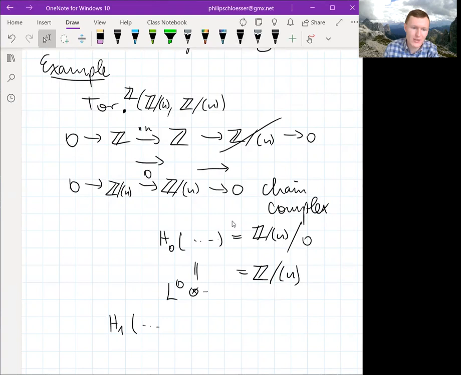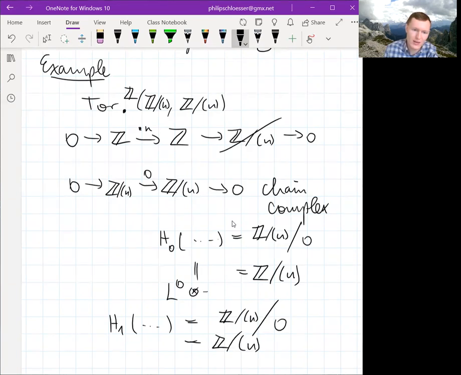The more interesting question is, what is the first homology group? And again, it's the kernel of this map divided by the image of this map. So it is Z modulo n divided by 0. So again, Z modulo n.